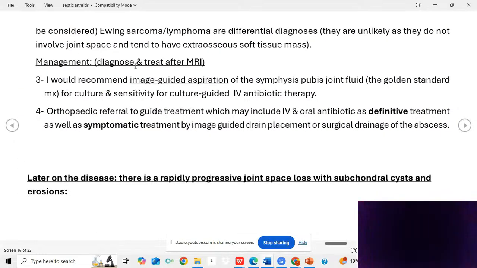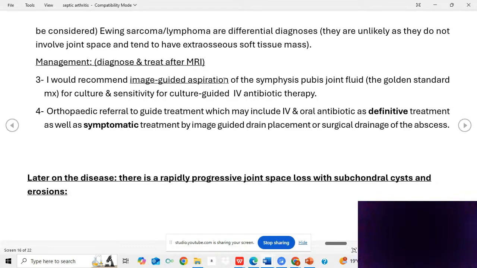The management after MRI: diagnose and treat. No need for further imaging. So how to diagnose? I would recommend image-guided aspiration of the symphysis pubis joint fluid, which is the gold standard, as I mentioned before in the previous video.